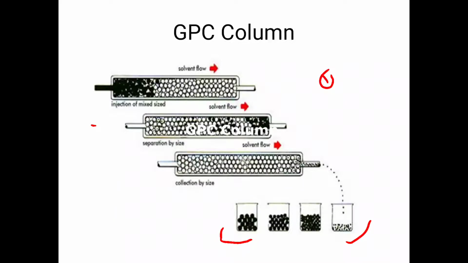When we inject a mixture from this side, the mixture flows down the column, that is the solvent flows along this direction towards the right side. The large size particles get excluded first, that means they get separated first, and the small particles get distributed in the molecular sieves as well as between the molecular sieves, and therefore the small size particles are collected later.